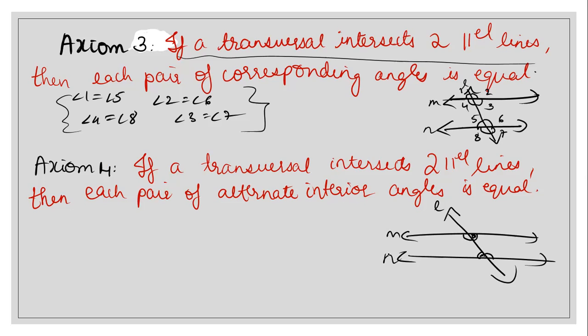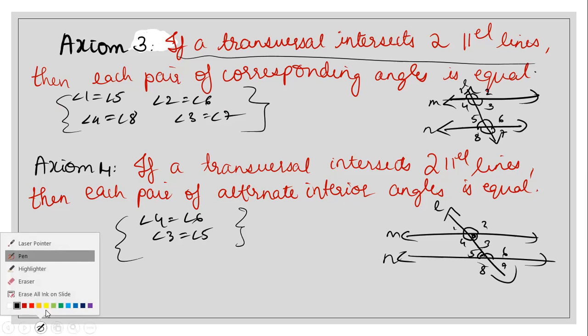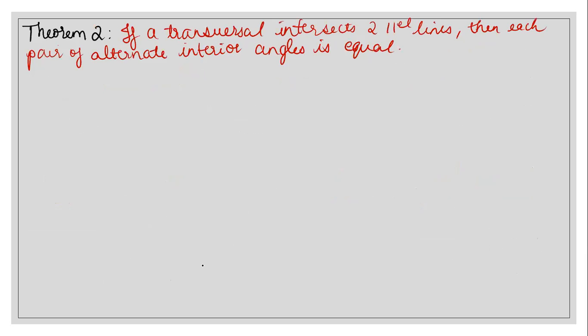They are alternate interior angles. So if I have to name this, that means angle 4 will be equal to angle 6, angle 3 is equal to angle 5. So if a transversal intersects two parallel lines, then each pair of alternate interior angles are equal to each other. This is axiom 4. So hope axiom 3 and axiom 4 were clear to you.